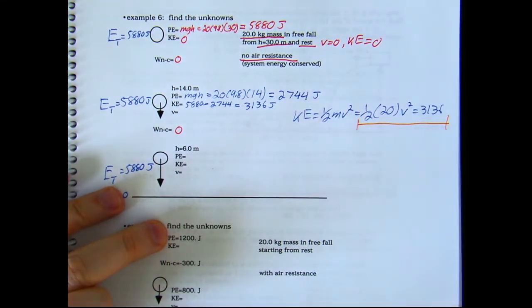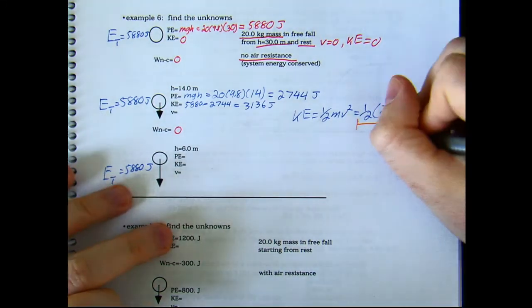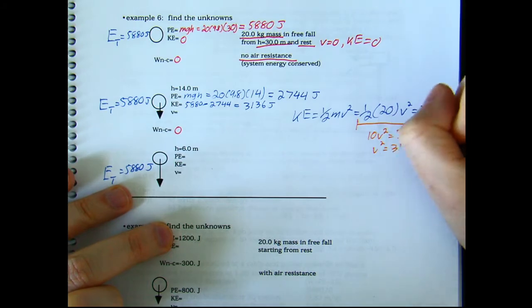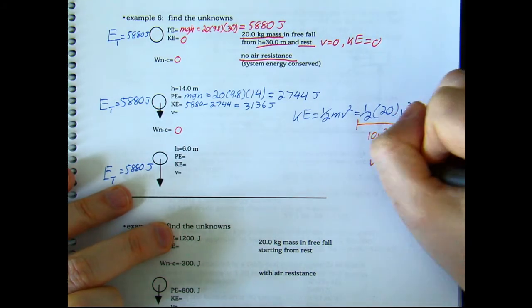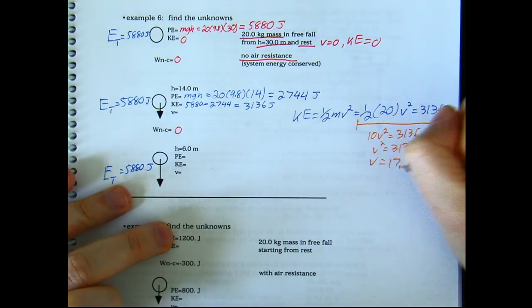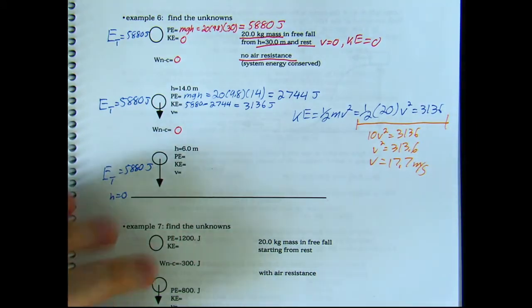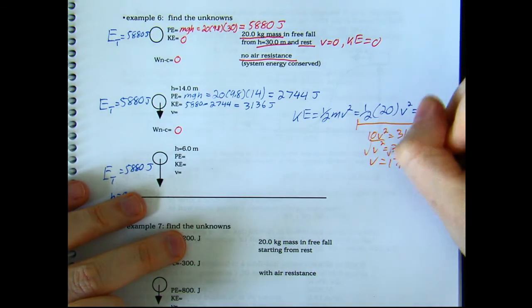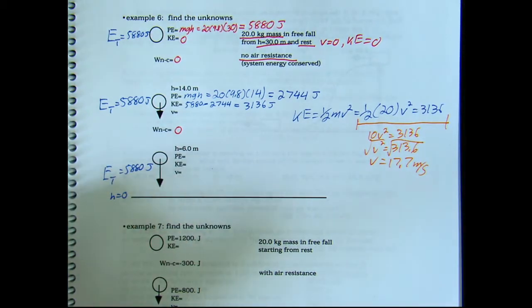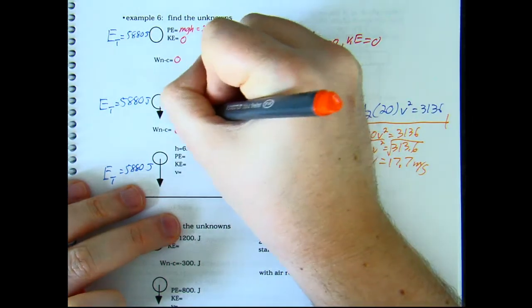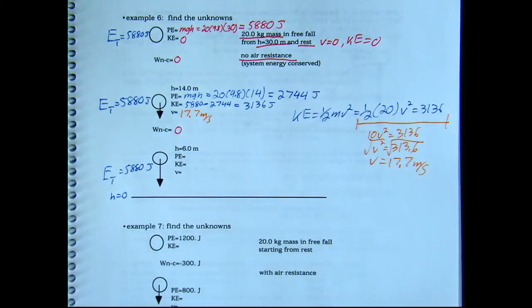So I've got 10 v squared equals 3,136, so v squared is going to equal 313.6, so v is going to equal 17.7 meters per second. Square root both sides there. So my velocity here, it started at 0, and now we are at 17.7 meters per second.